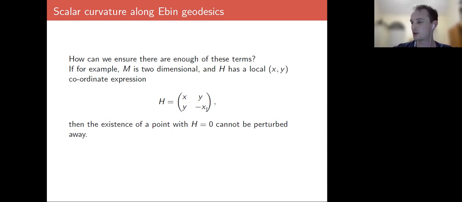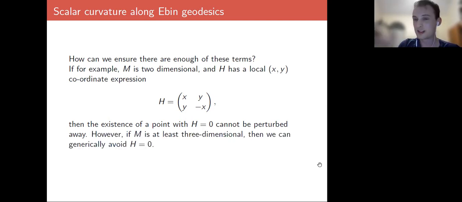Now, what happens when you try and perturb? Well, you start to understand pretty quickly that no matter what you do to perturb, if your topology is sensible, you're never going to be able to remove the existence of a point where h is 0. You can certainly move where this point occurs, but the existence of this point you just can't get rid of.